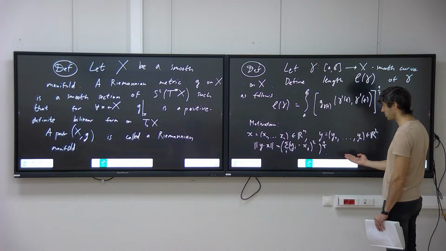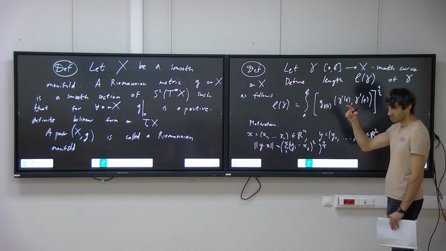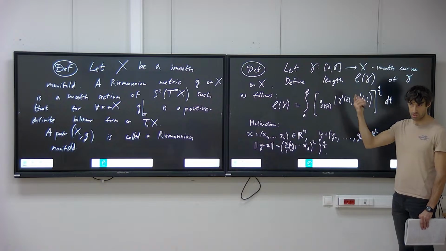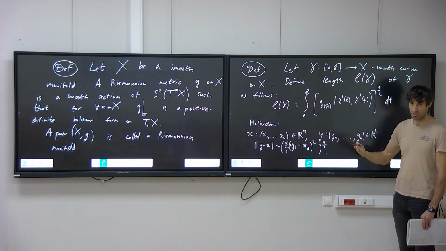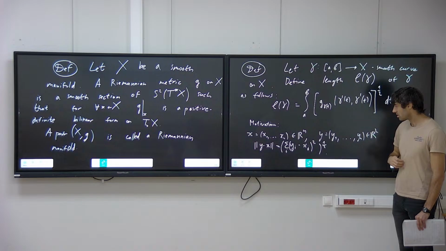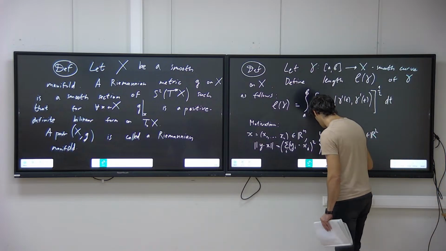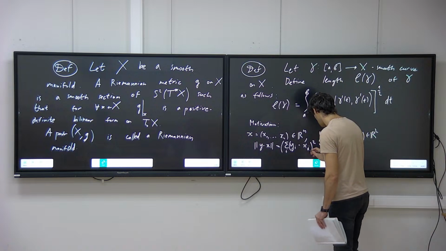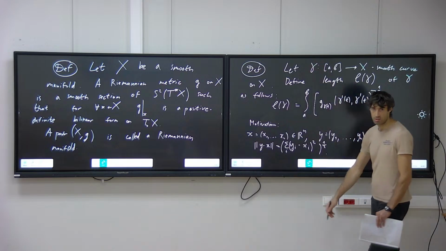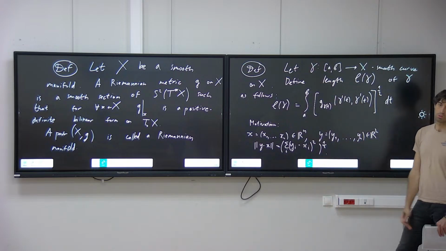So this is like a curve which is just a straight line. Sorry, both should be i, of course, yes. This is i. It is just the usual scalar dot product on R^n, right?